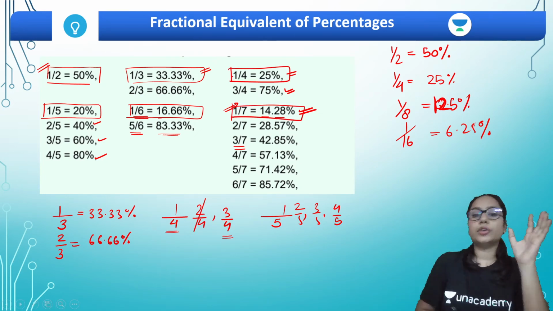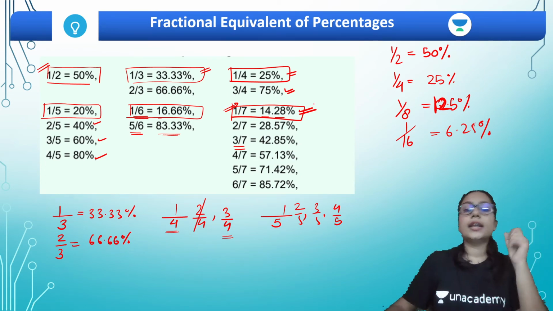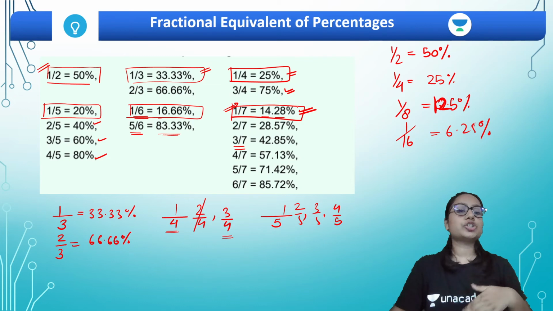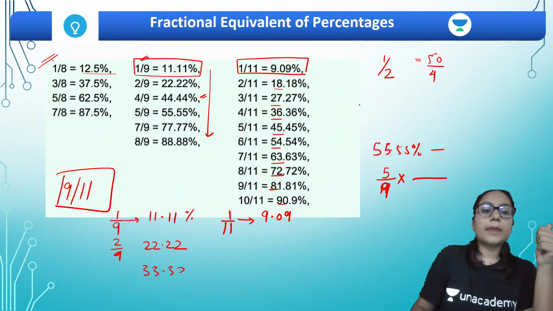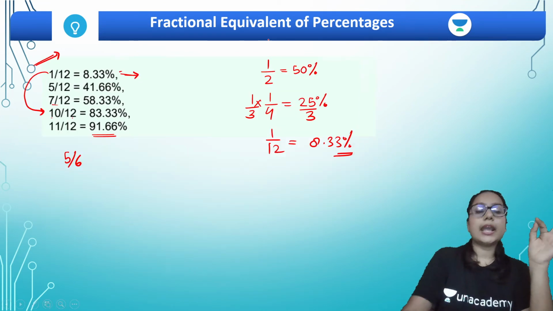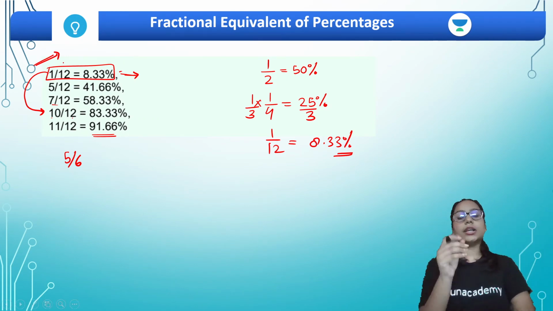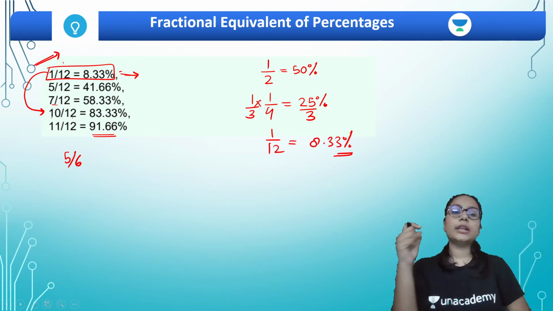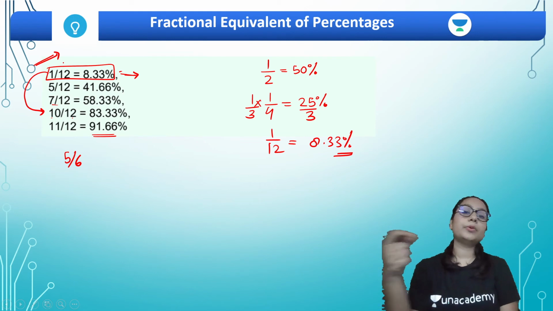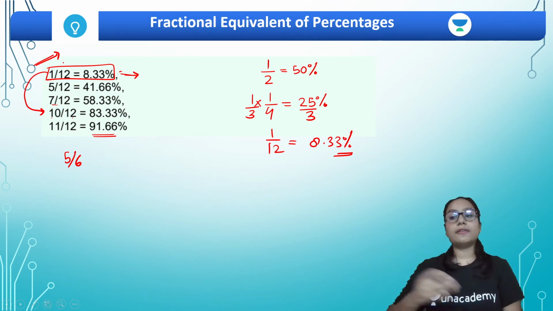So from this slide, if you learn these 6 values, the rest of the values you can calculate. Now 1 by 8 you should know, 1 by 9, 1 by 11 definitely, and 1 by 12. These fractional equivalents of percentages you will have to learn. This will definitely help you simplify your calculations and save time as well.